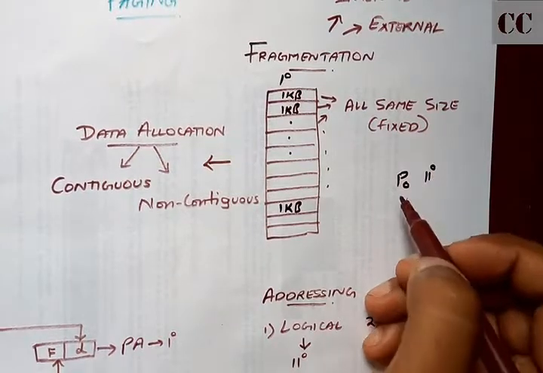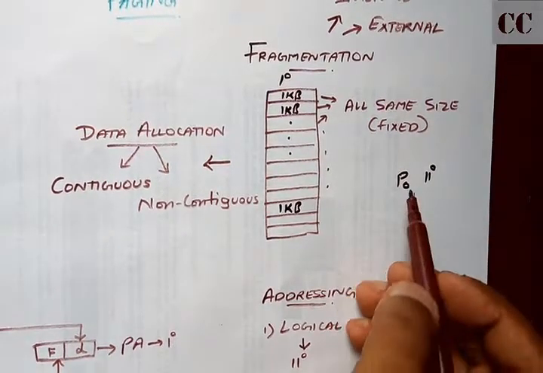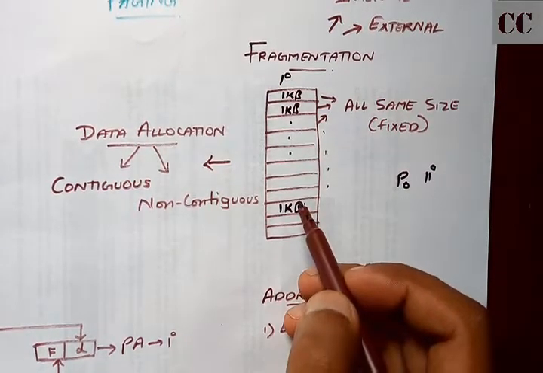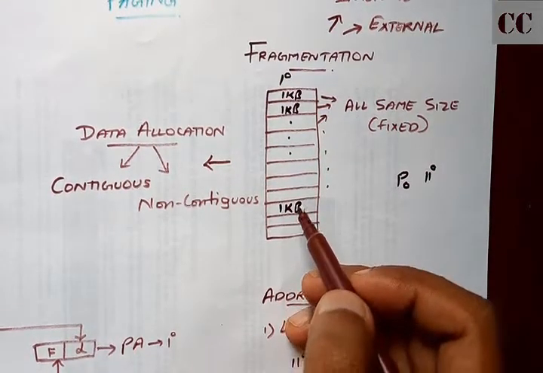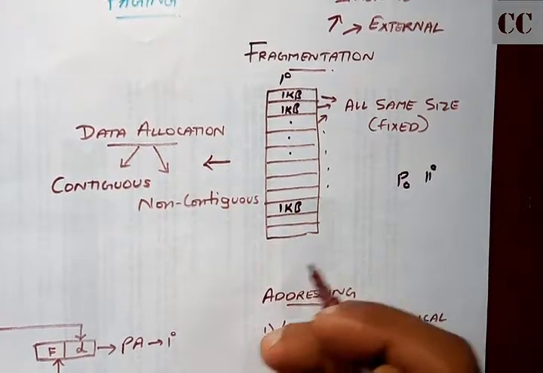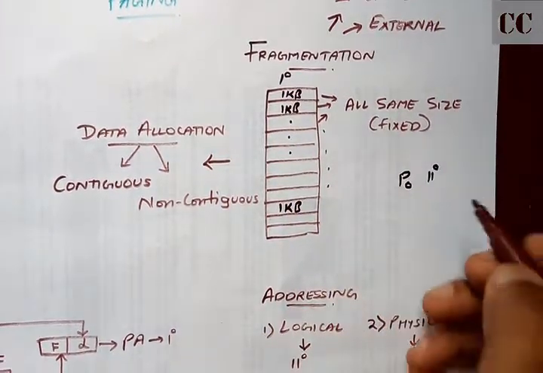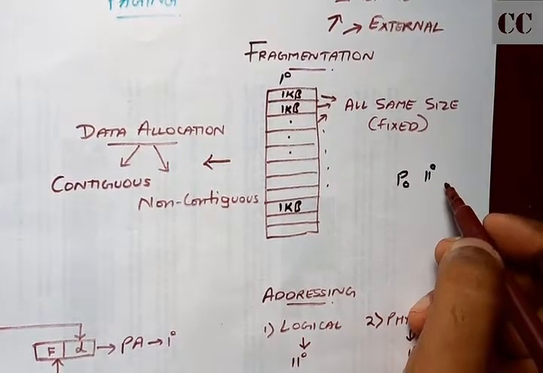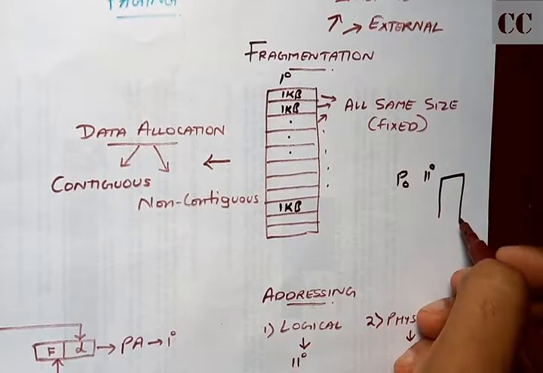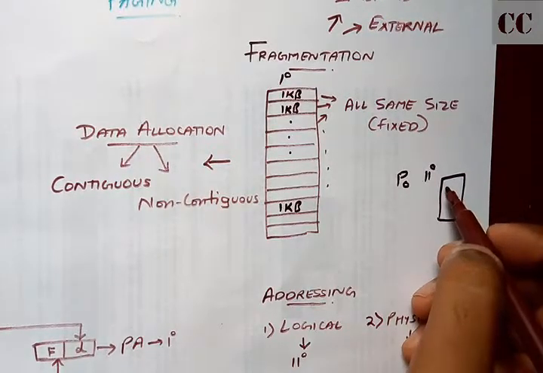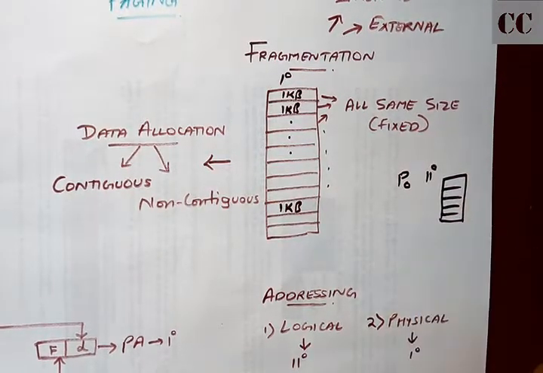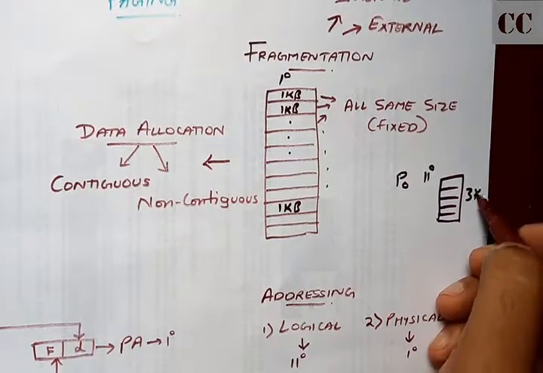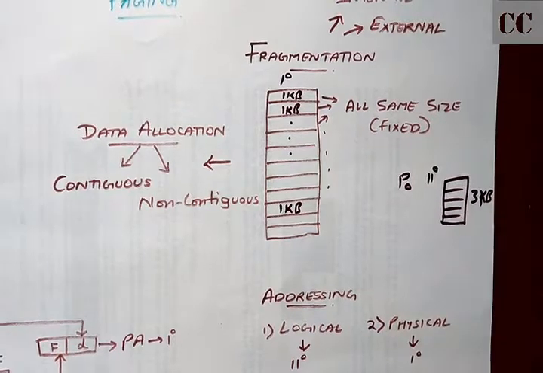Before execution, we all know the program must be loaded into the primary storage, that is RAM, and the CPU can access it only from RAM. Let's say P0 has certain instructions and requires about 3 KB of storage in the primary memory.